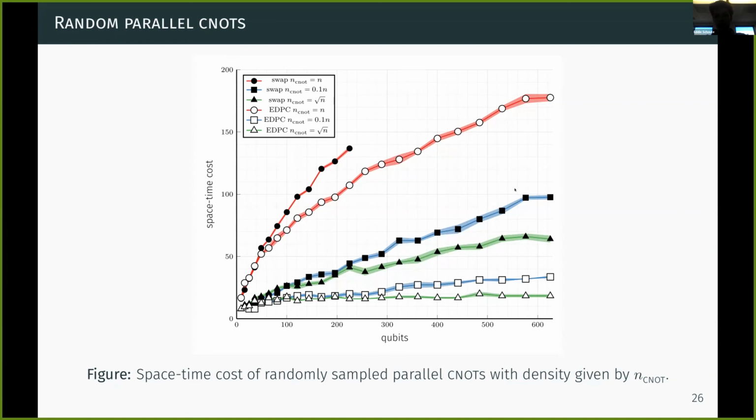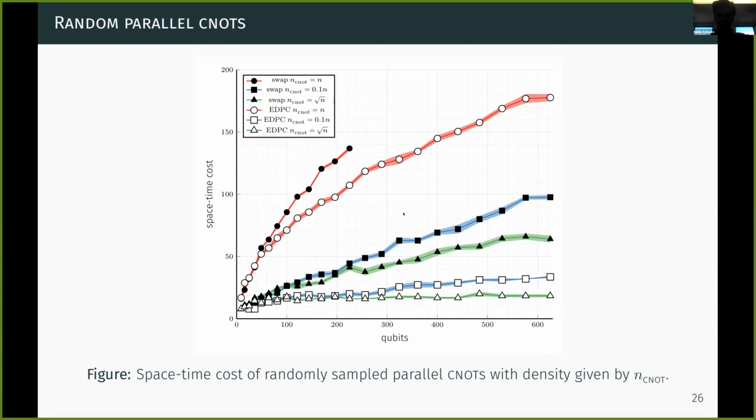Now, if we reduce the densities, we see a markedly large improvement, actually. So if we only have 10% of our qubits performing CNOT operations, then we have the squares here for the swap-based line, and in the white line we have EDPC. For large grid sizes, we can already see maybe a factor 2 or 3 improvement in the space-time cost.